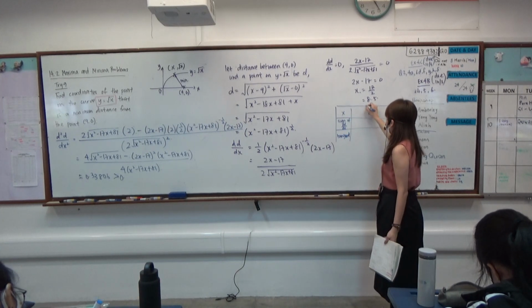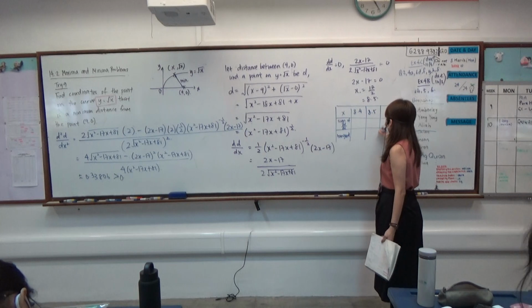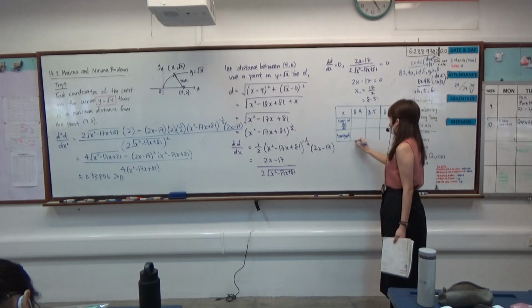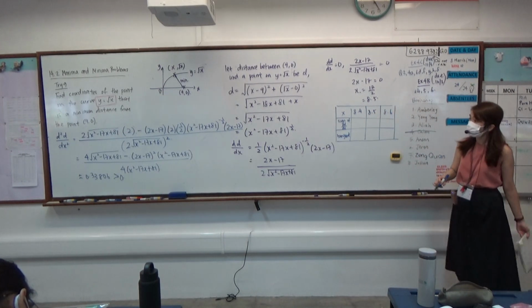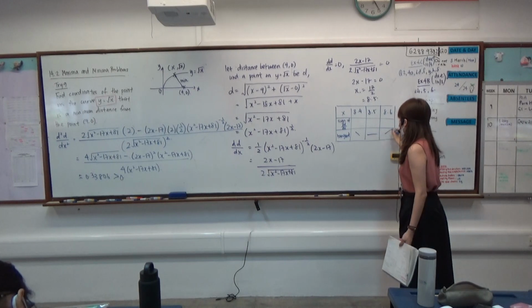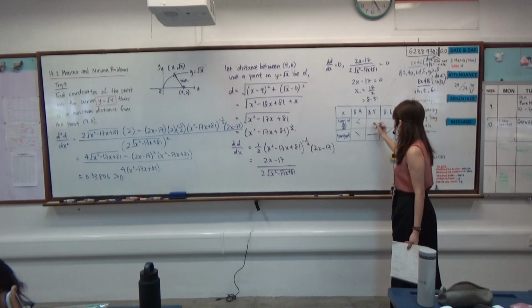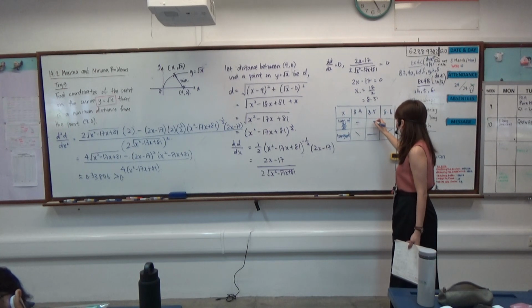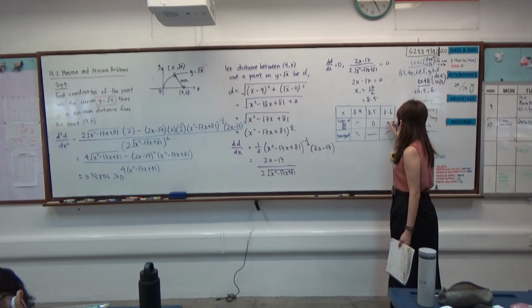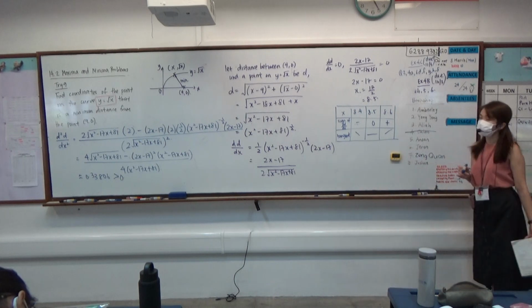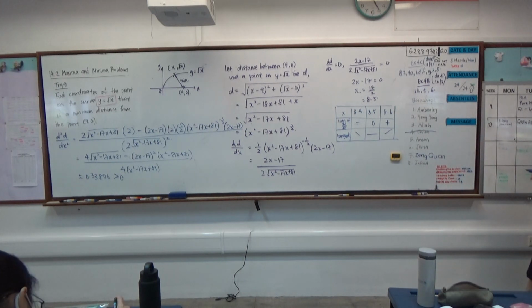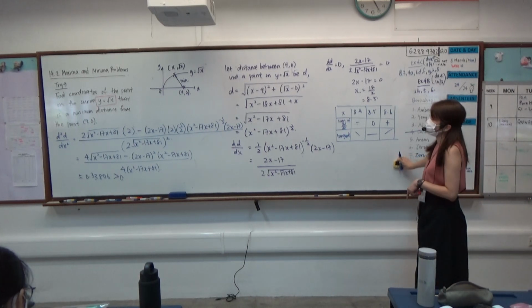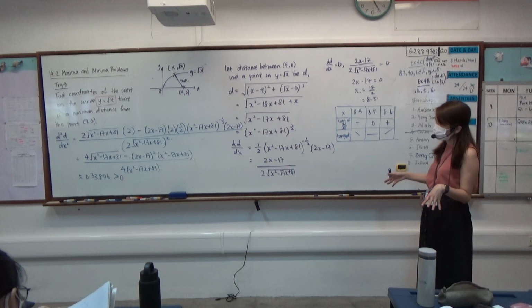So we do 8.5, 8.4 and 8.6. I believe it should be negative, then 0 and positive. Then you will be able to prove that x equals 8.5 gives you the minimum distance.